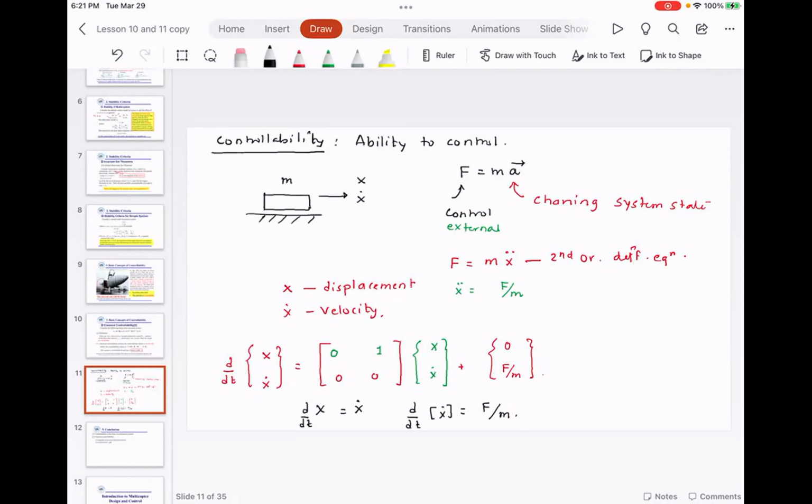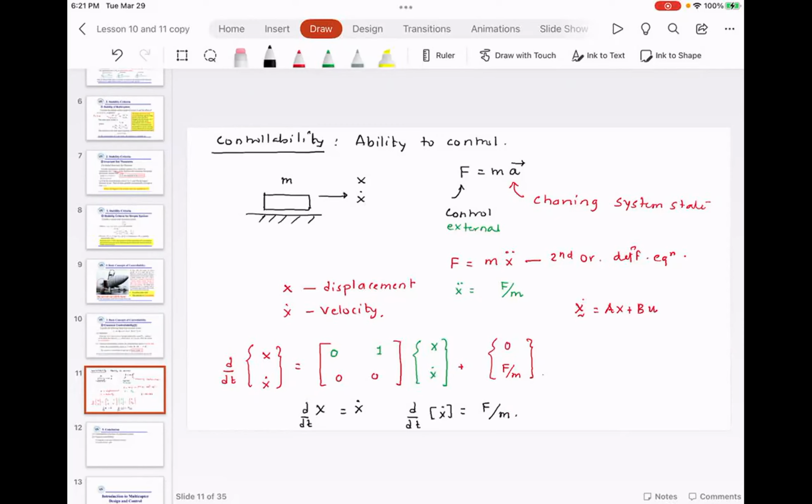Now I want you to notice this standard form: x dot is equal to Ax plus Bu, where u is the external force.